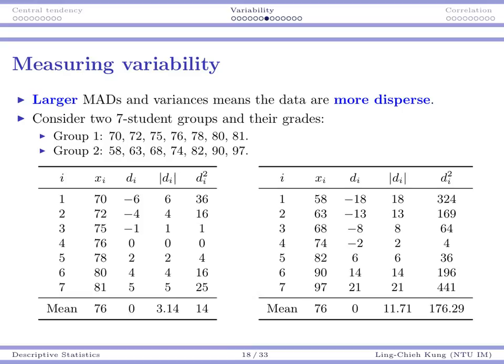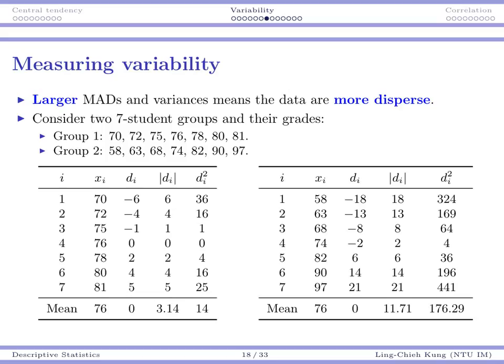So we have two groups of grades. Here is the first set of grades, and the mean is 76. For the second group, the mean is also 76. So if we use mean as the measurement of central tendency, these two sets are the same.